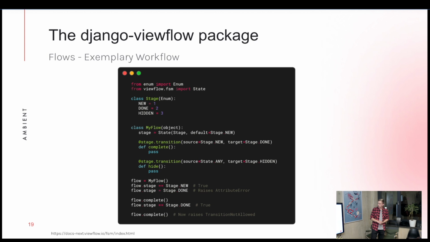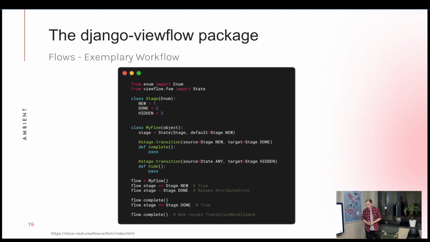And then if we were to directly assign a new state to our flow, we would raise an attribute error, because we do not want that to happen. We want to call our transitions, because in our transitions we might have some side effects, such as sending emails, creating new objects. So direct assignment is not possible.